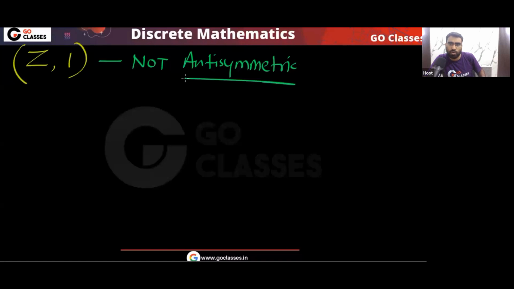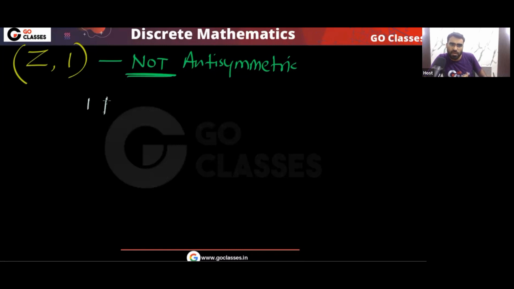See, on the set of integers, if I define this divides relation, now this is not antisymmetric. Yes or no? Tell me why this relation is not antisymmetric?